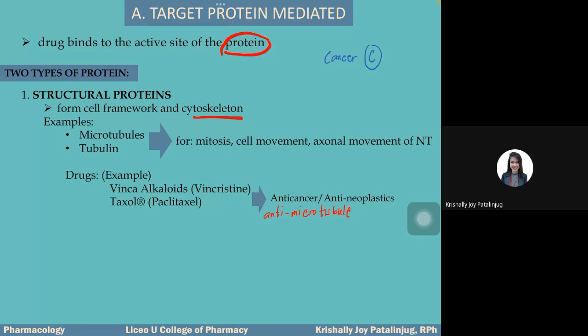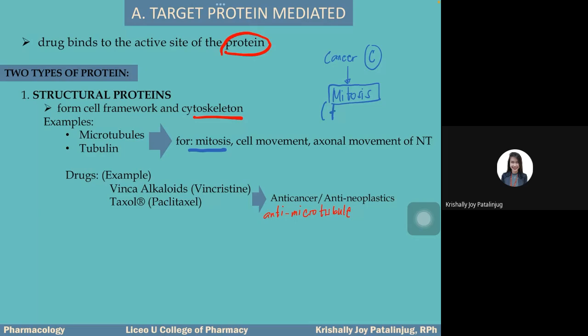They easily proliferate. They rapidly proliferate. And one of the ways of our body to divide cells, or one of the cell division mechanisms, is what we call mitosis.